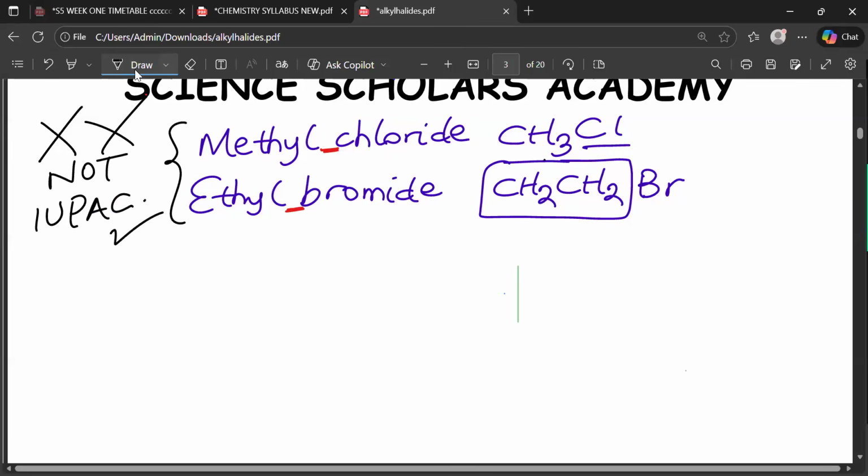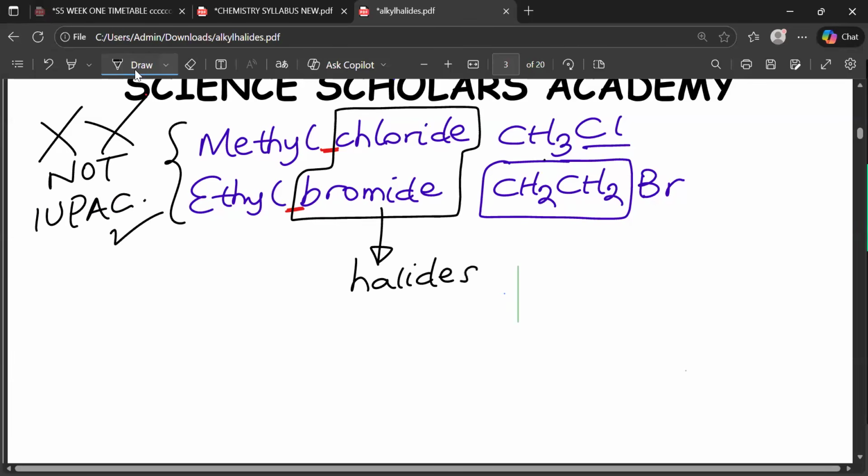Now I remember telling you that these ones are halides. As you can see, these ones here, the methyl and ethyl, are what they call alkyl groups. And guess what?